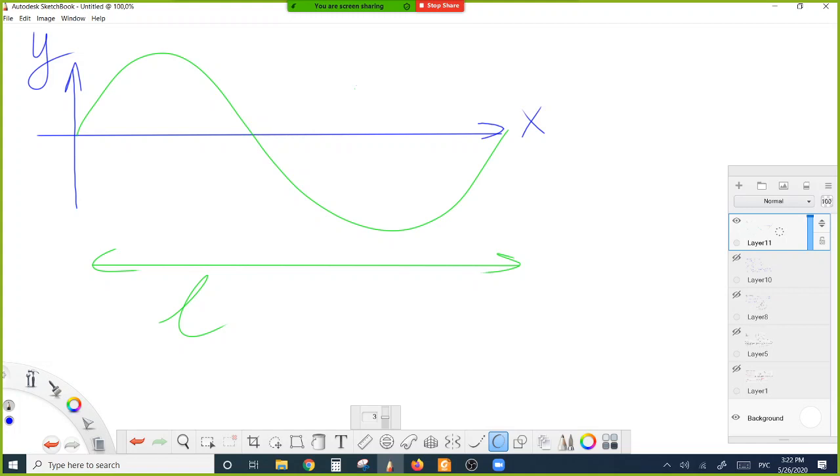The string itself starts to oscillate. And the second is the change in air pressure generated by the string's motion, which are the sound waves we hear.